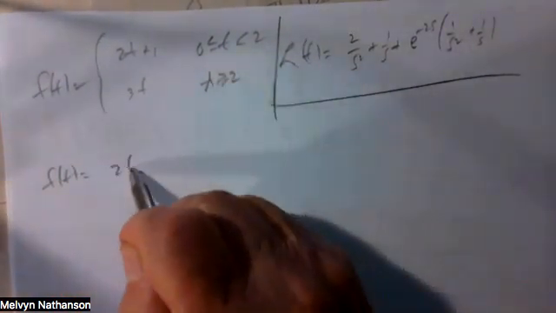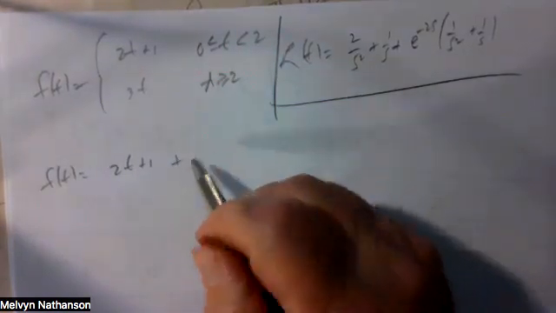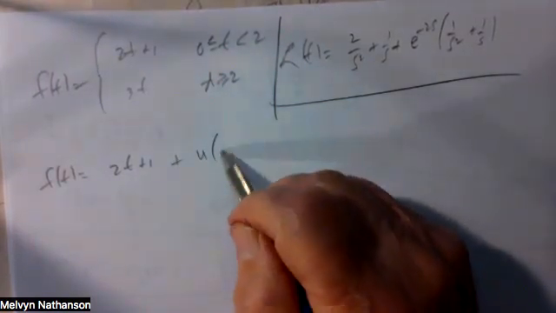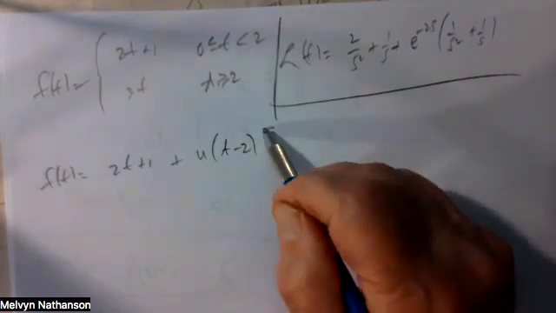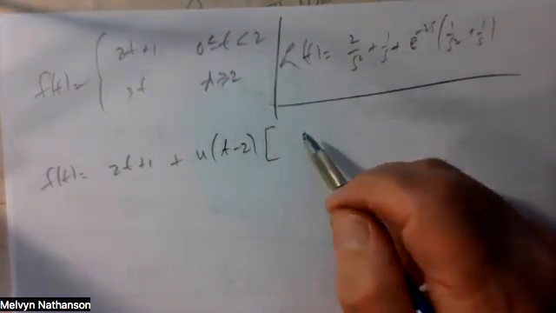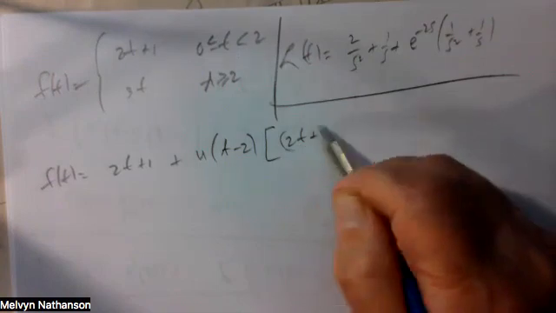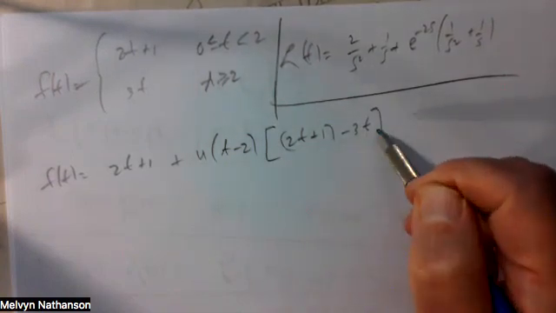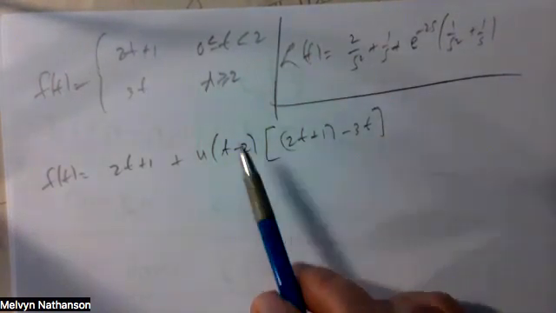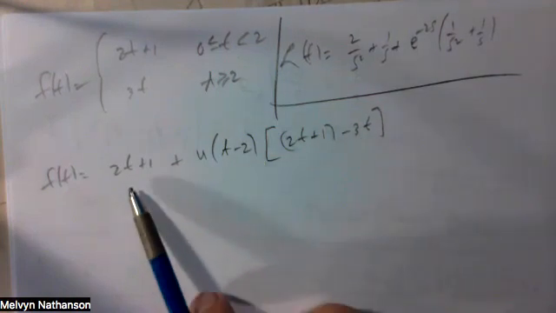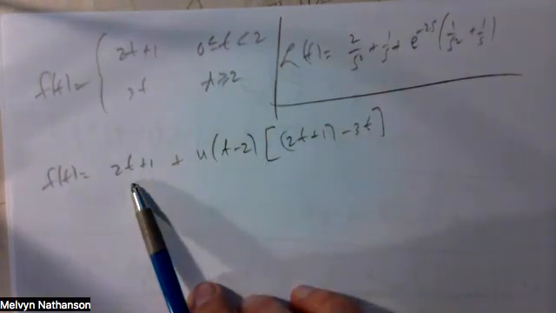So we can write f of t as equal to 2t plus 1 plus u of t minus 2 times 3t minus the quantity 2t plus 1. I wrote this down backwards at first. When t is less than 2, the step function is 0, and we just get 2t plus 1.